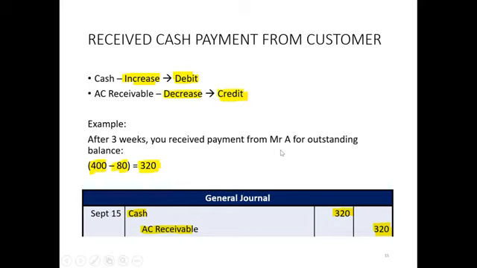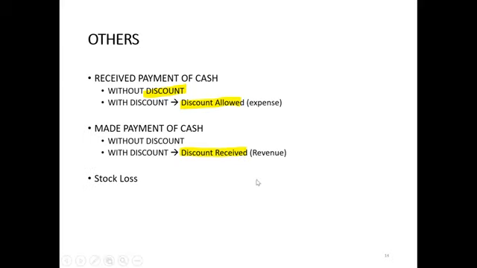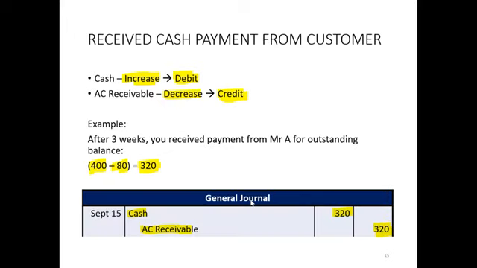In certain instances, you will receive payment earlier than what you normally expect. In that case, you're going to give a discount to your customer. In the first one, no discount given. The payment is after 3 weeks, too long, no more discount.